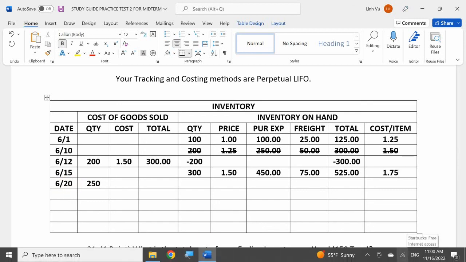Okay, so June 20th, we sold 250 units. Now in this case, last in, first out, we're going to be looking at the latest batch that we purchased, which is going to be costing at $1.75 each. If you calculate that, 250 times $1.75 is going to give you $437.50.